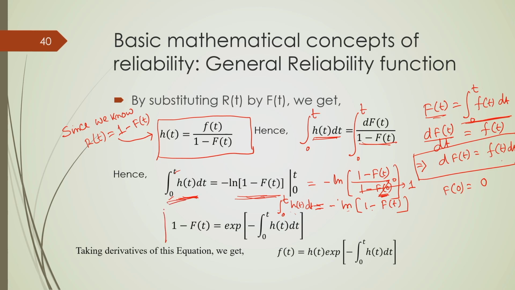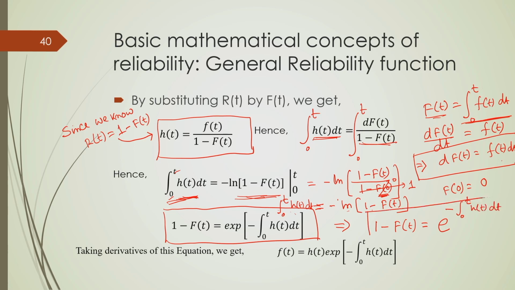So, ultimately we get 1 minus F(t) equal to e to the power minus the integral of h(t) dt from 0 to t.